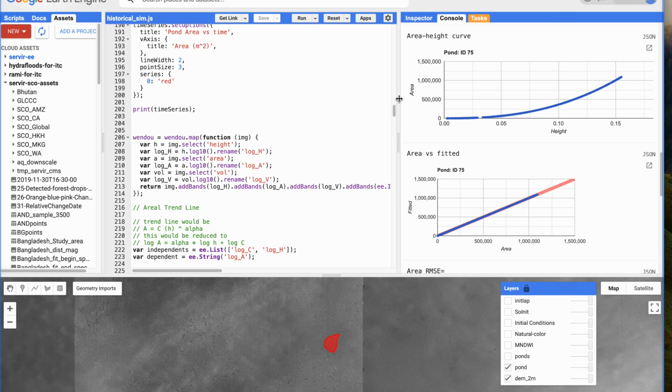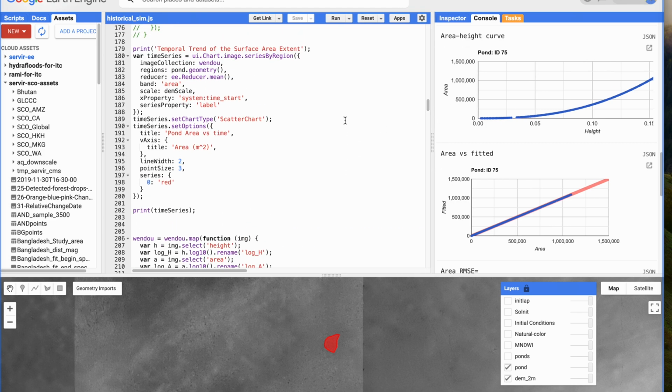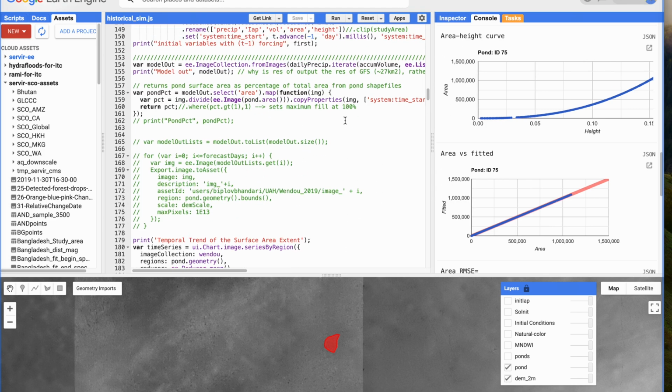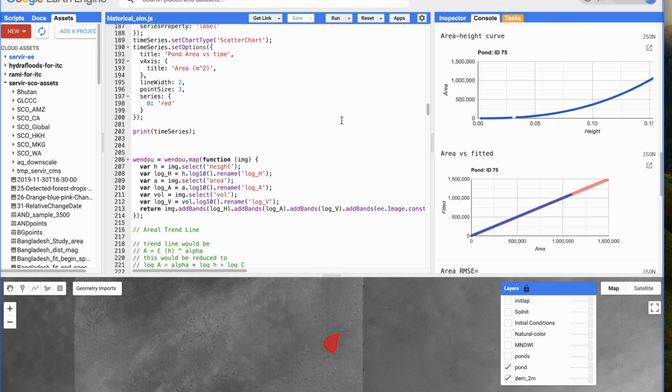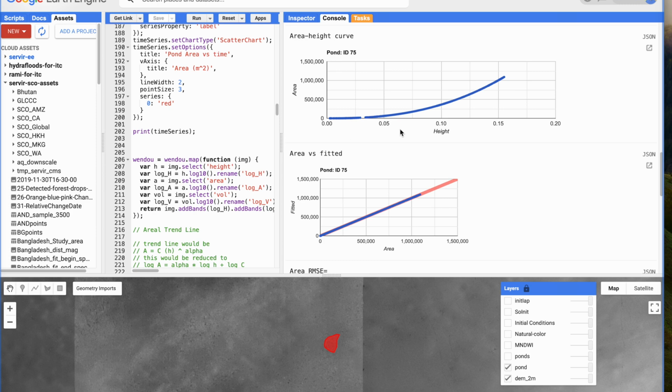Okay, so the way fitting is done over here is, you can think of this as a logarithmic curve, right? It kind of resembles that.